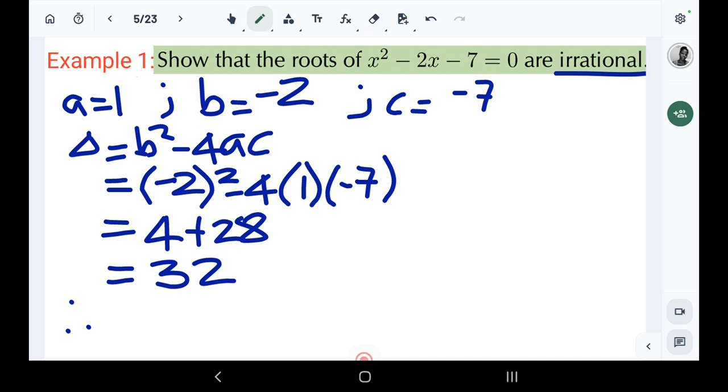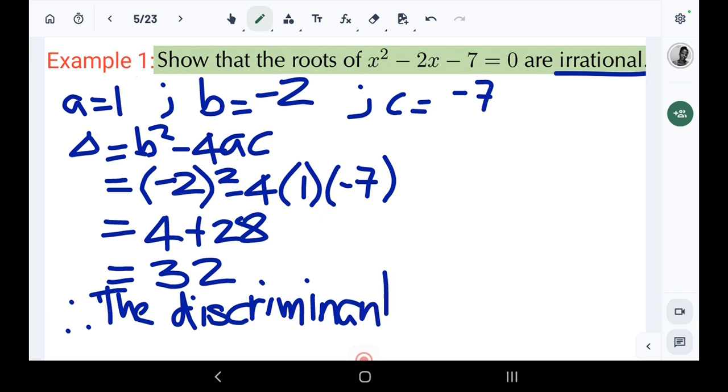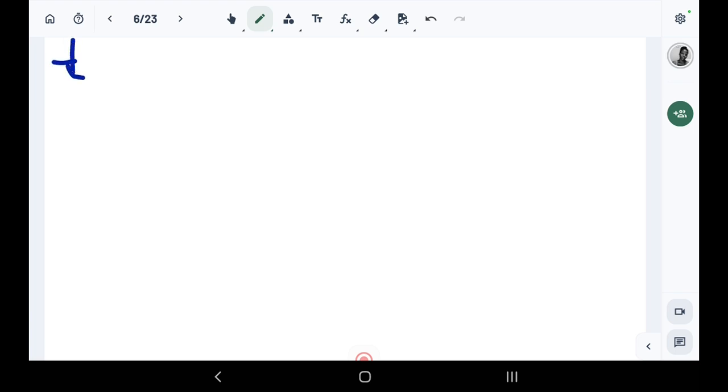Therefore, the discriminant, you don't have to write an essay like this, is greater than 0, but not a perfect square.